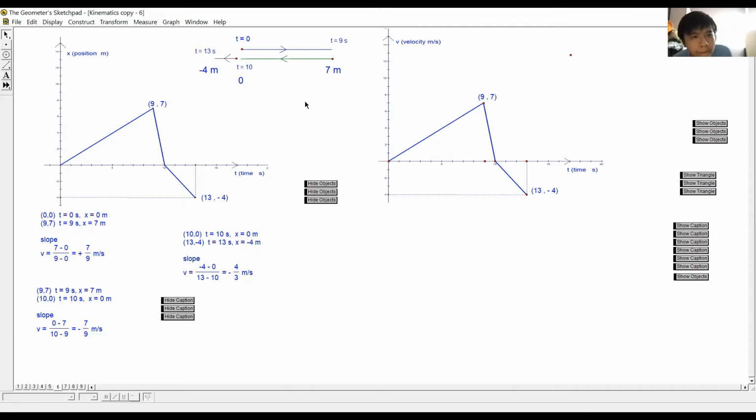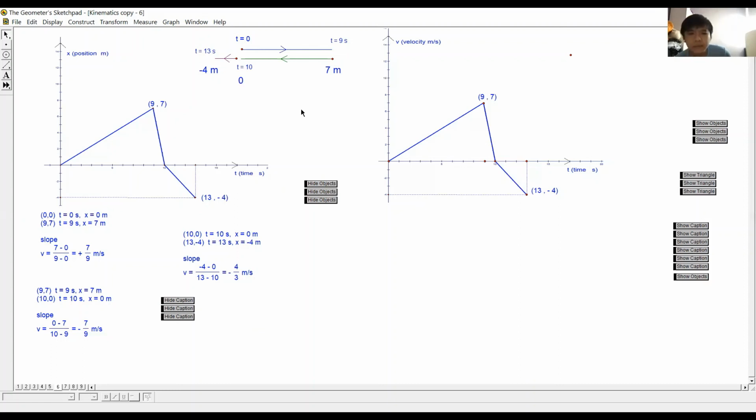But if you want to look at the position, they are 0 to 7, 7 to 0, then from 0 to -4. So these numbers, 0, 7, and -4, they are not the distance traveled. They are not the distance covered, but they are showing you the position. Where is the object? Okay.